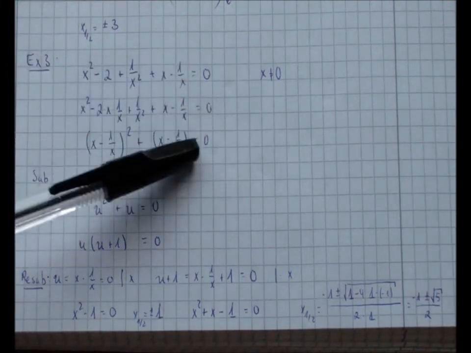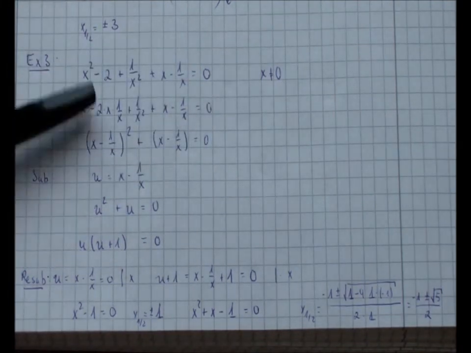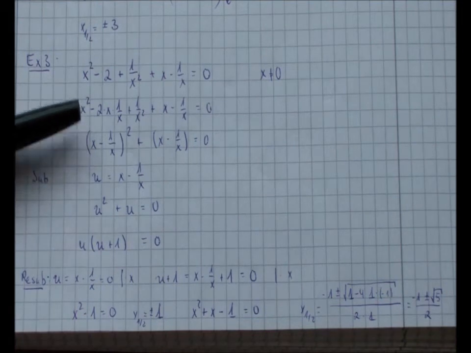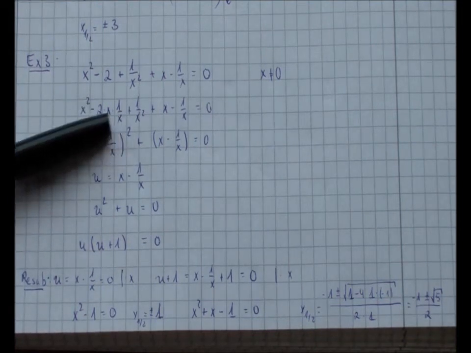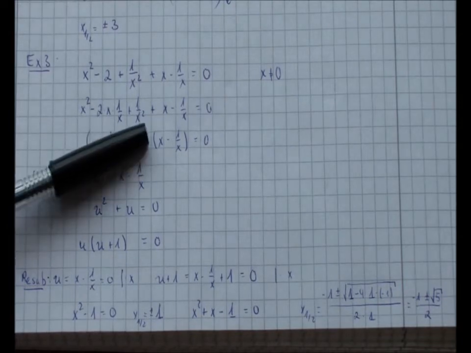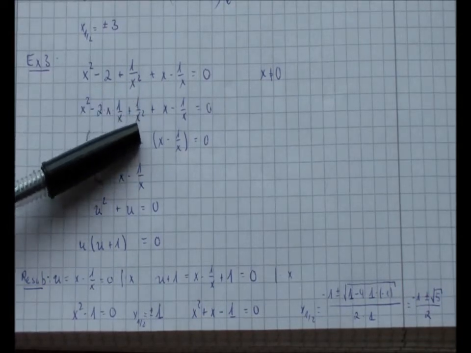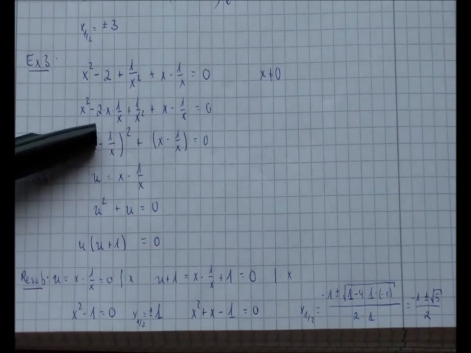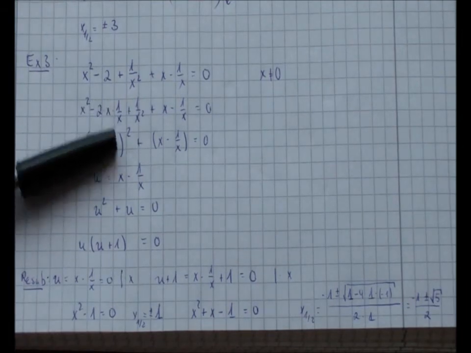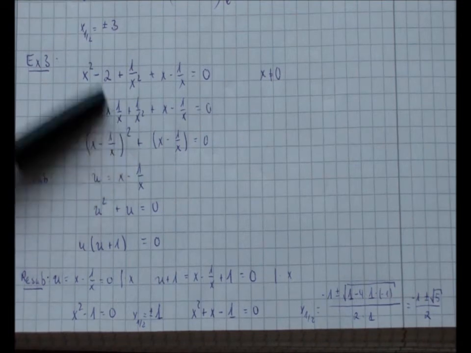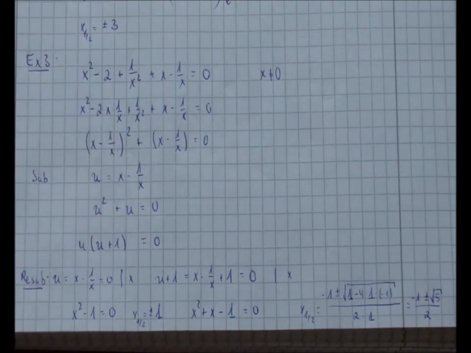The rest is just left as it is. Now in the next step, I complete the square, because if you look at this, this is x squared minus 2 times this times this behind, but not its square. So this is the complete square, and we get this: bracket x minus 1 over x, bracket closed, squared, plus bracket x minus 1 over x, bracket closed, is equal to 0.